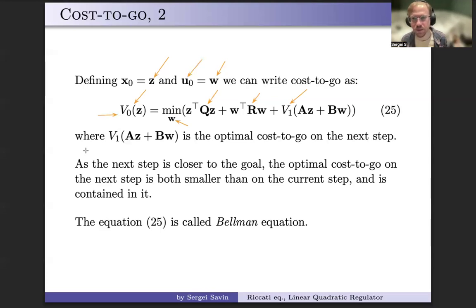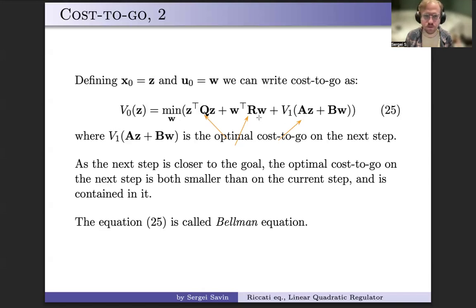So the difference between this approach and what we saw previously is that here it is not a question of partial derivatives, minimizers over continuous variables. Here it is a question of, on this last step, we want to optimize, and what is available to us is the instantaneous cost plus the previous optimal cost to go.